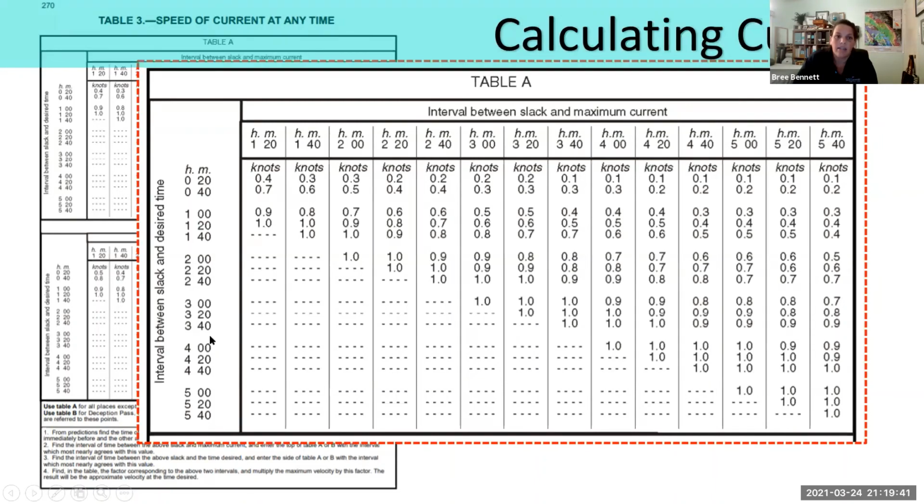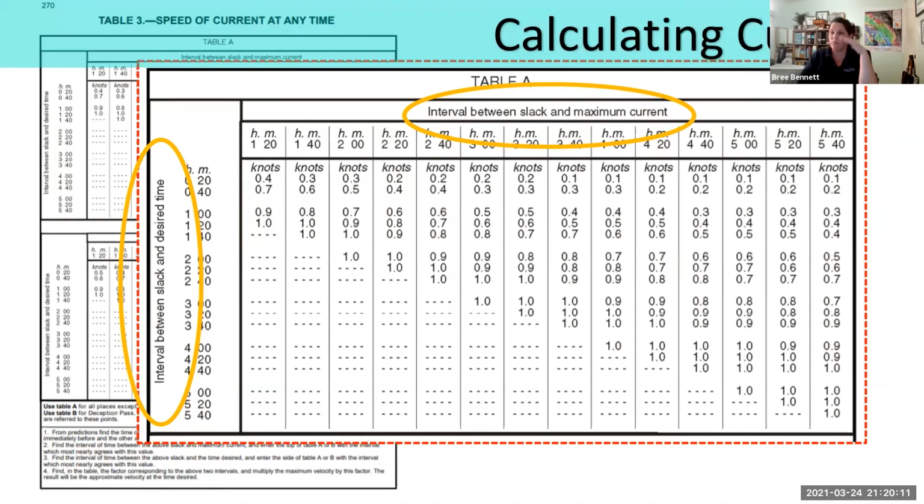Anyways, in table A, we have that interval between slack and desired time, and our interval between slack and maximum current. This is where some people get a little confused too. The top one, that interval between slack and maximum current, is kind of like the duration, right?